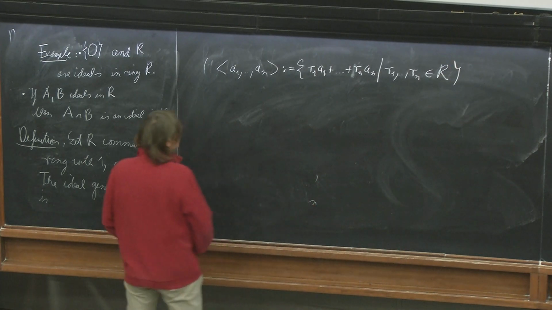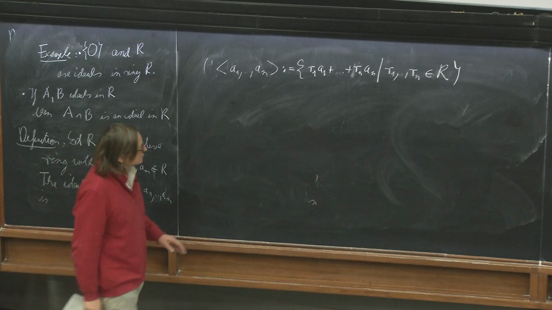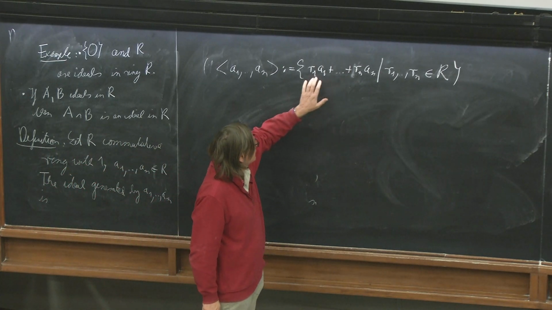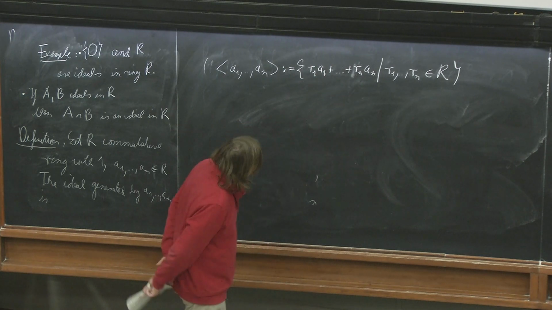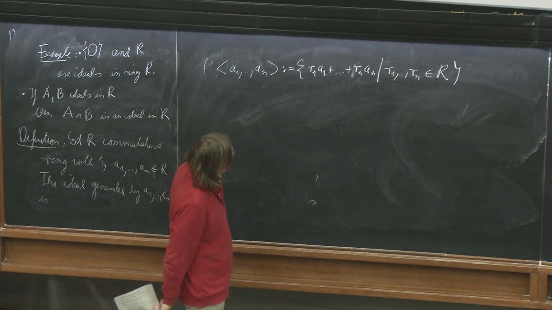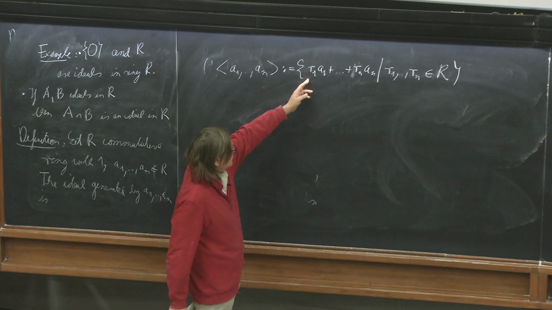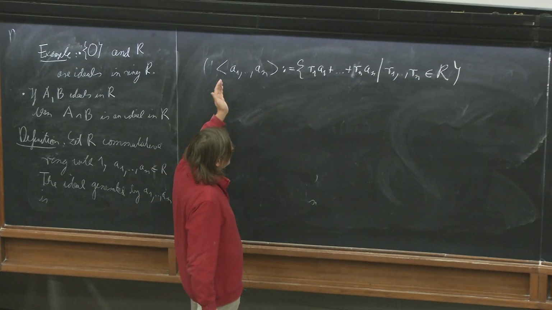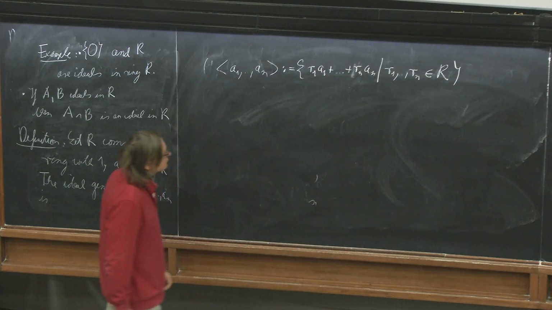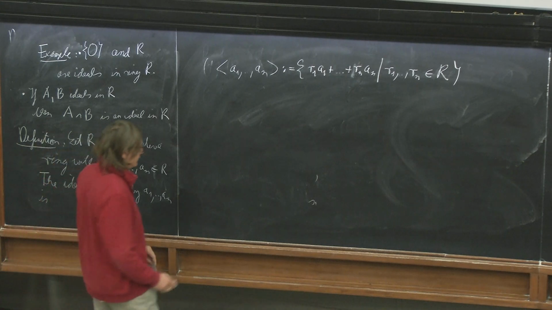So by definition, it's clear that this would be an ideal because the sum of any two such things is of this form. You just sum the corresponding coefficients Ri. And if you multiply such an expression by some element R in R, you just multiply every one of these by that R, and so you stay there. This is clearly an ideal.